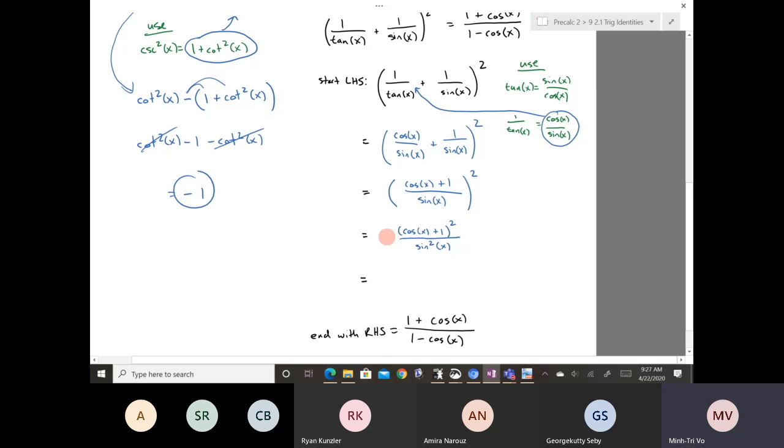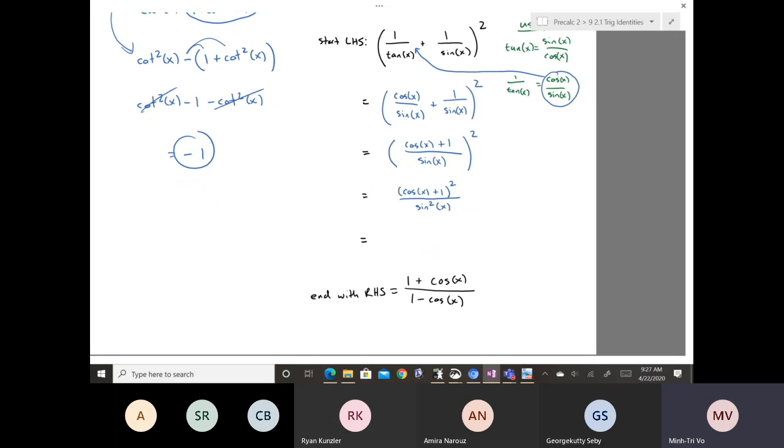Yeah, so the square just goes on the top and the bottom. And okay, so now I have sine squared in the denominator, but again, the end result is only in terms of cosine. So how can I relate sine squared to cosine?